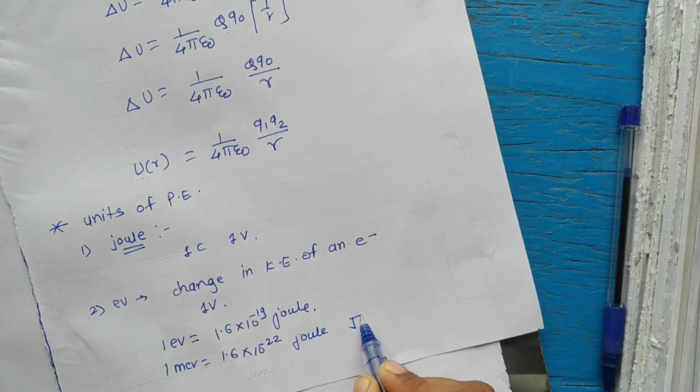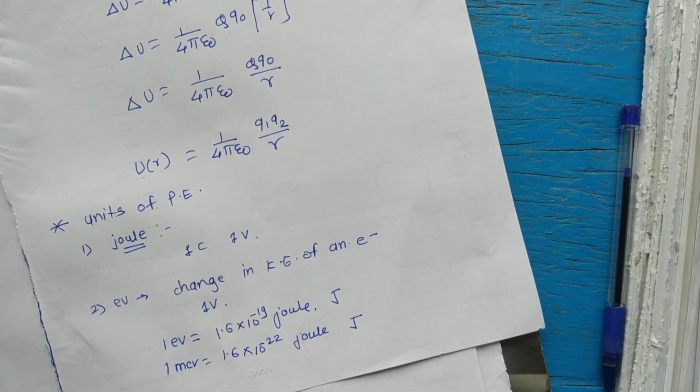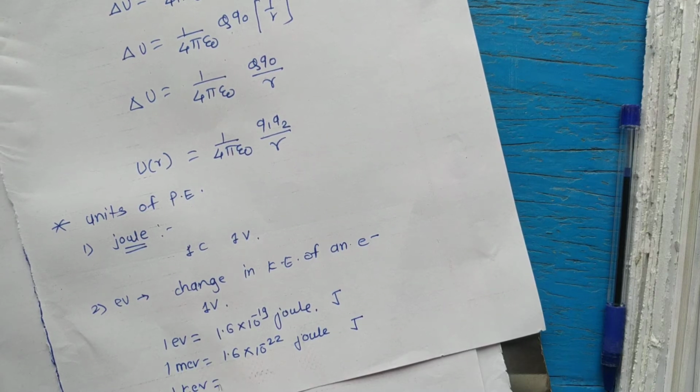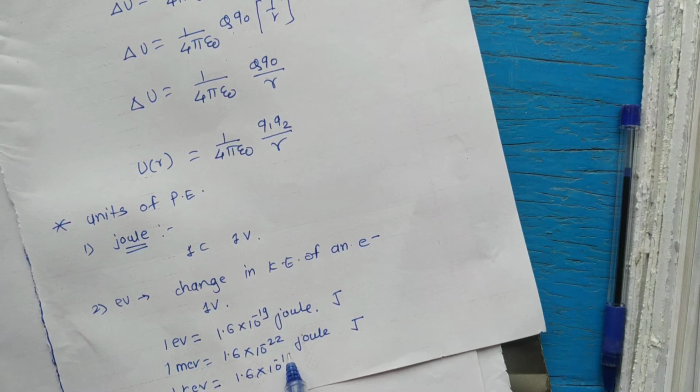This joule can be written as capital J. Then 1 kilo electron volt is equal to 1.6 into 10 raised to minus 16 joule.